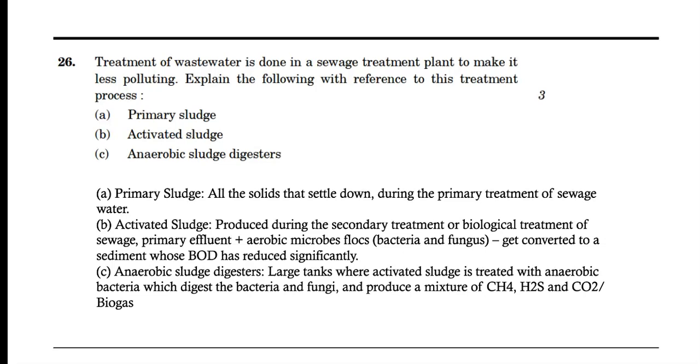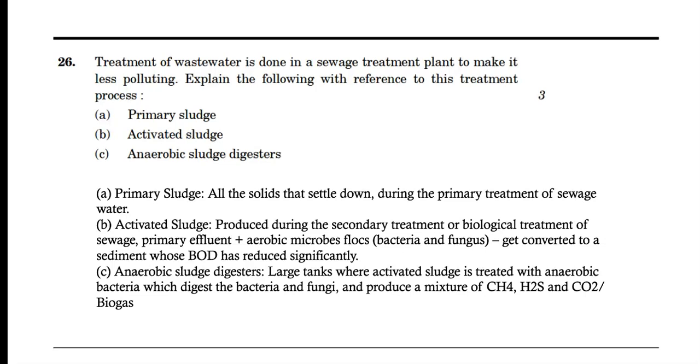They will convert whatever is present in the primary effluent, and the BOD, or biological oxygen demand, will go down. A lot of organic matter is there and a lot of oxygen will be used, so the biological oxygen demand will be reduced.